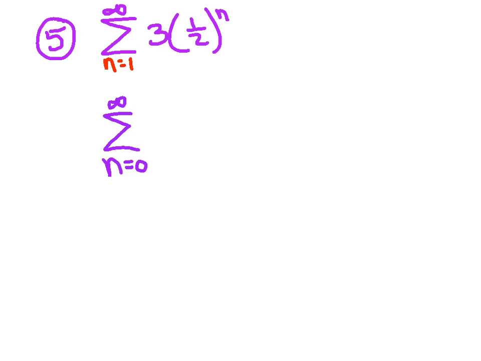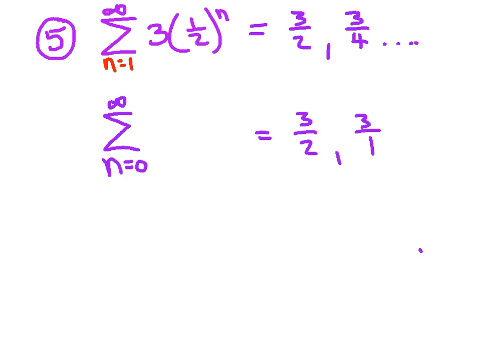Okay, now when I mean equivalent, friends, maybe expand that first one out. Plug in a 1, and you'll get 3/2 for the first term. Plug in a 2, and you'll get 3/4 for the second term, etc. I want to create a similar series that produces the same first term, the same second term, same third, fourth term, etc. But I'm going to have to tweak this a little bit.